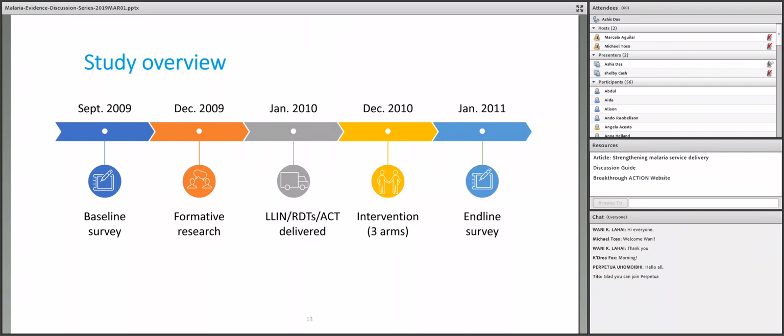The intervention ran for about 12 months for the calendar year 2010. After the intervention was over, the survey that was done at baseline was repeated with the same instruments, same methodology to make both rounds of surveys consistent.